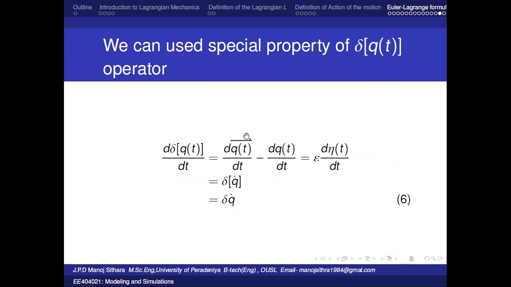So if we consider this part, this is nothing but the delta difference of its velocity part, no? Then the differentiation of the difference can be considered as the difference of the differentiation, right? So we found a method to treat the delta q dot part, right? So delta q dot is nothing but this, the same as this part, right?